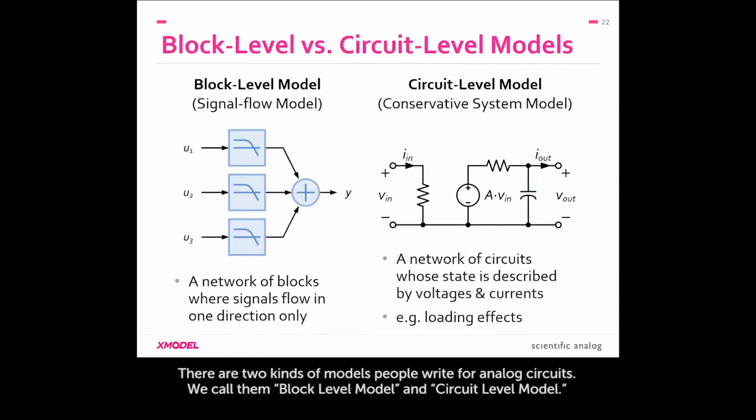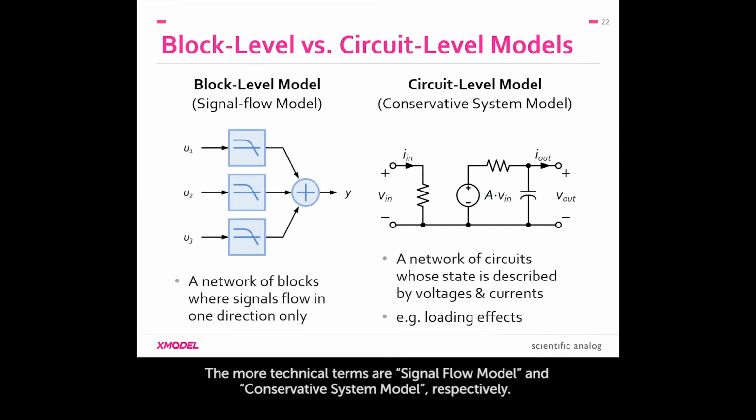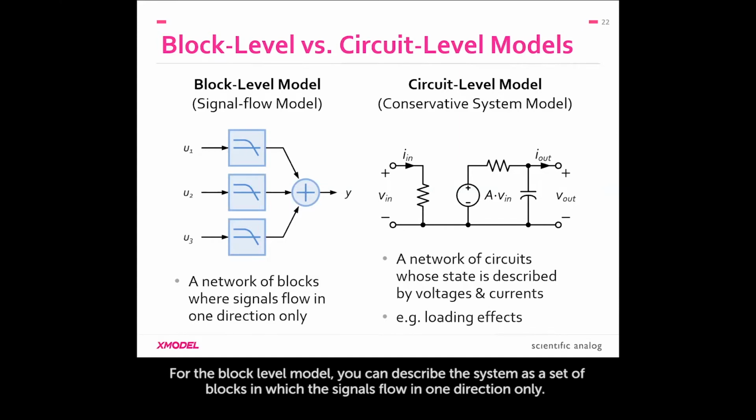There are two kinds of models people write for analog circuits. We call them block level model and circuit level model. The more technical terms are signal flow model and conservative system model, respectively. For the block level model, you can describe the system as a set of blocks in which the signals flow in one direction only.